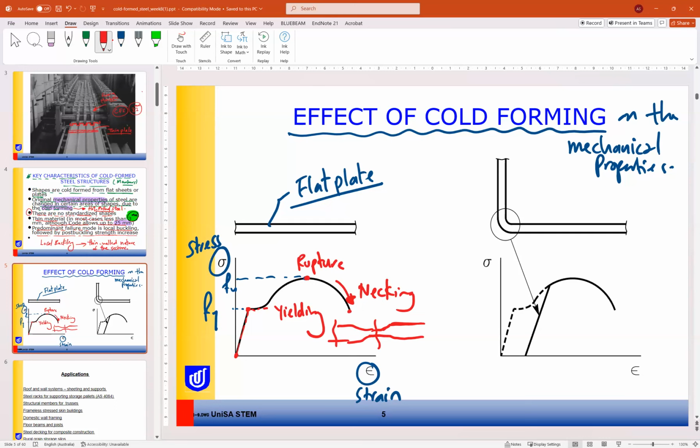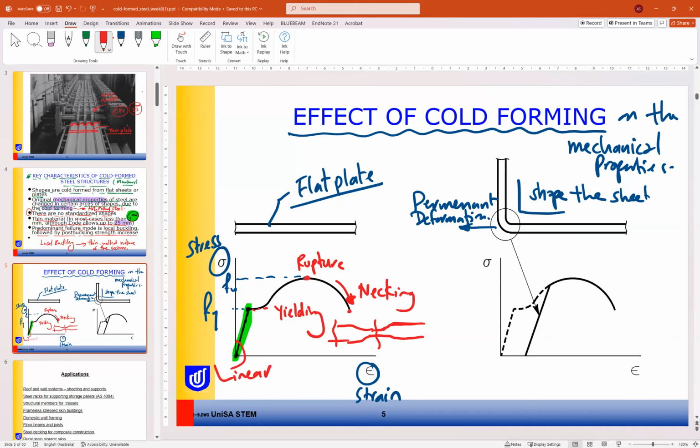forming. However, after cold forming, we need to shape the section or the sheet so that we need to make permanent deformation in the shape. Okay, so as you can see here in this area, this part is linear behavior or linear relationship.